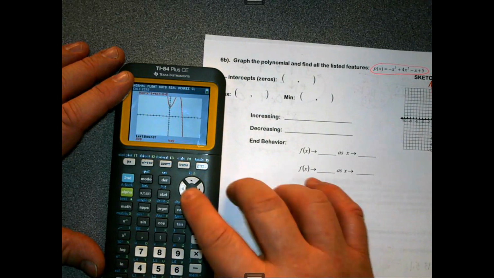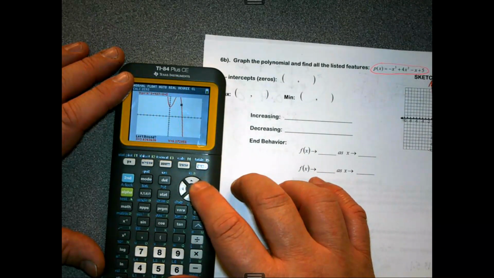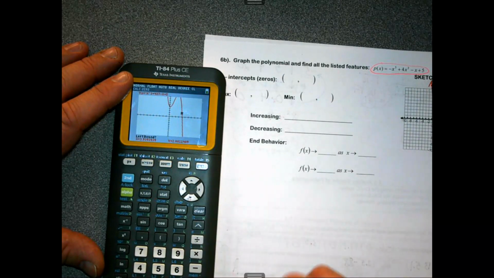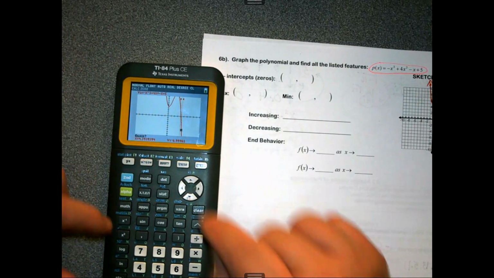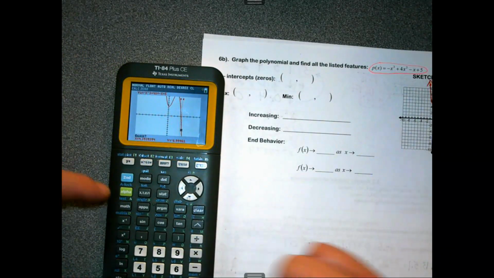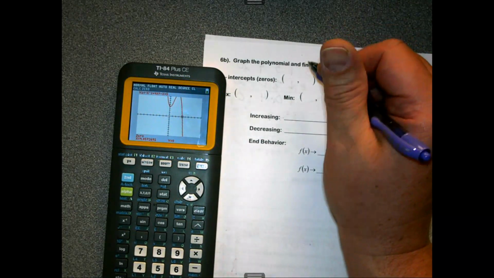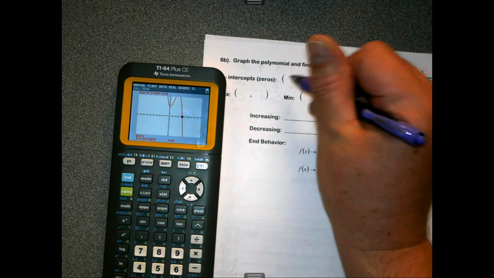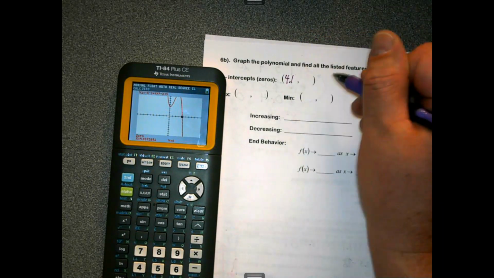And looks like I only got the one here, right? Enter. Enter. I wish I could make a jump. Enter again. And the zero is 4.1, comma 0.